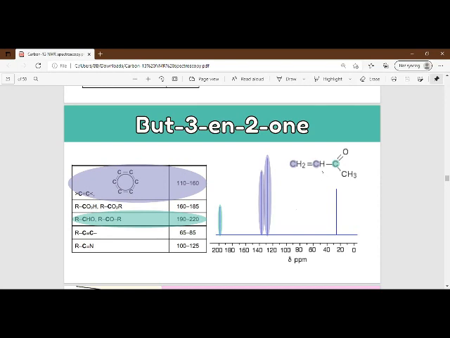I'm going to draw it. So this one refers to this, whereas this one refers to this. Hence they have different environments. The next peak, which is above 200, is due to the carbon-oxygen double bond.